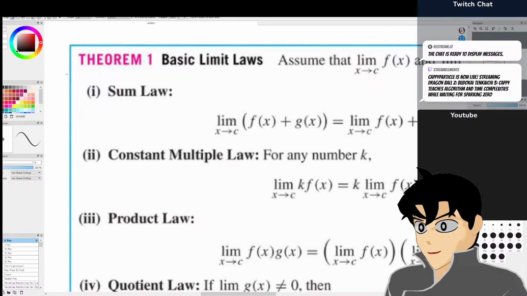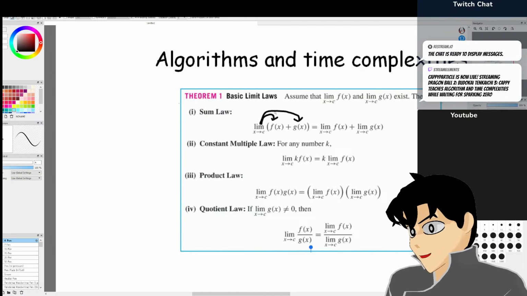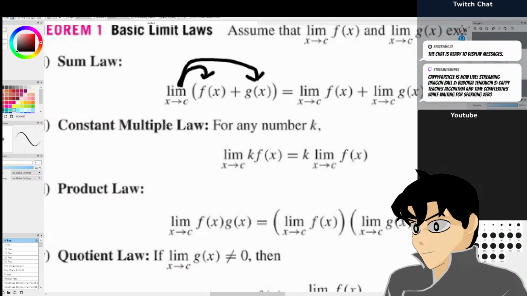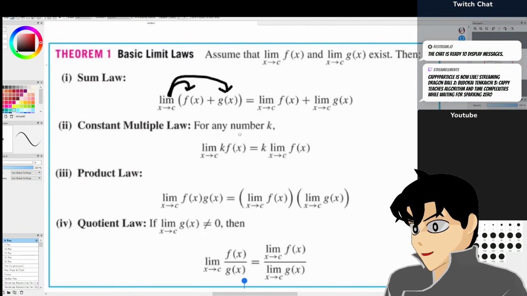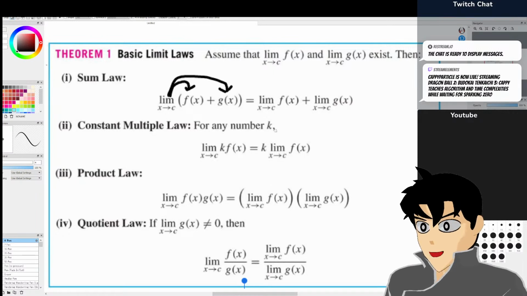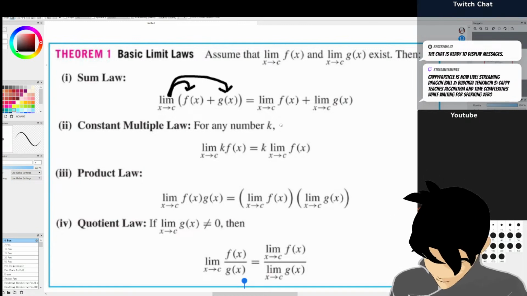So you multiply into here, and then into here, which gives you the limit of f of x plus g of x is equal to the limit of f of x plus the limit of g of x. Just like the constant multiple law for any number k. For simplicity for you guys, k is what we were talking about as c.